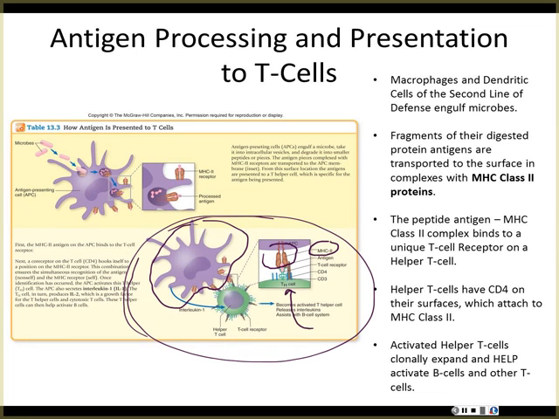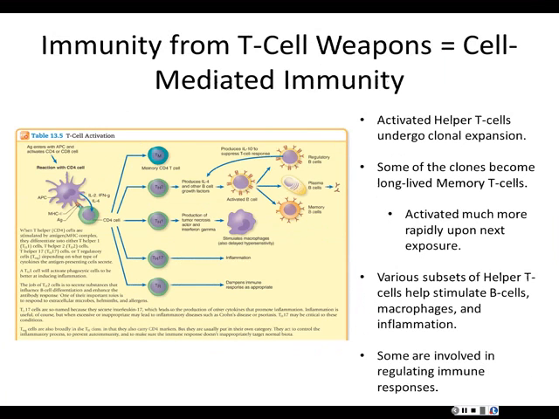And then here we have a helper T cell. It has a receptor on its surface that attaches to that little antigen fragment. And that will lead to a helper T cell getting stimulated. It'll divide over and over and over again. Once this has happened, we'll create a little T cell army.